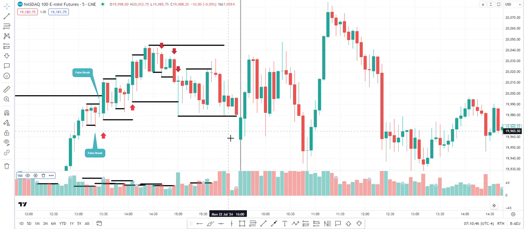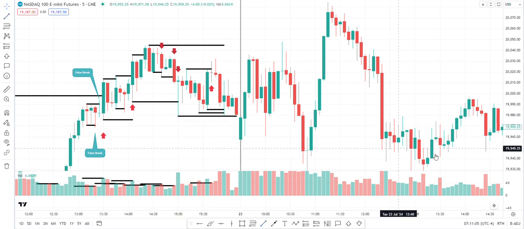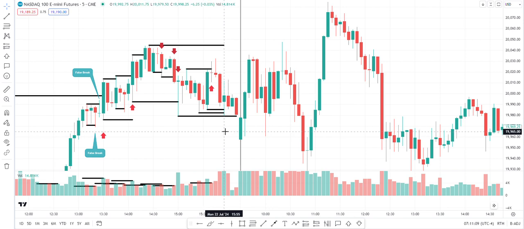I'll look at that as kind of a true break. And then it breaks this low on this candle.